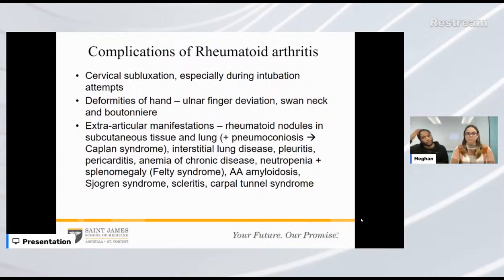But as an autoimmune disease, it can affect lots of other things. You can have nodules pretty much anywhere in your body. If you have it in the lung with a pneumoconiosis, it's called Caplan syndrome.